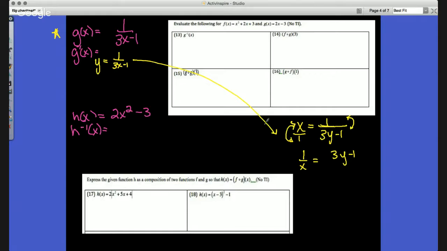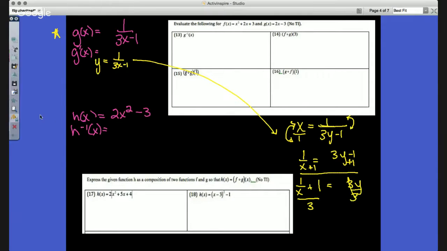Now, how do I get y by itself? Well, I can add 1 to both sides, right? And again, this 1 should be added to the whole thing. So it should have 1 over x plus 1 equals 3y. Now, how do I get rid of this 3? I can divide by 3, but if I do, I'm going to end up having something that looks kind of confusing.